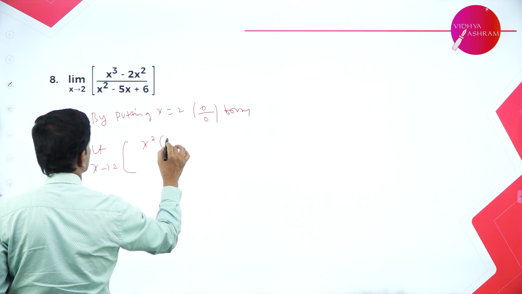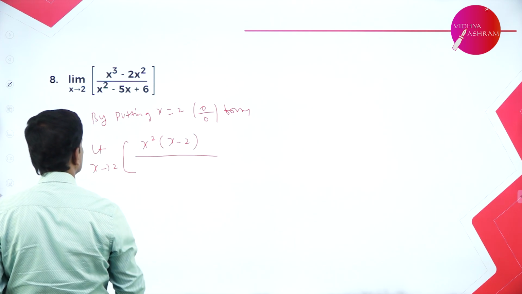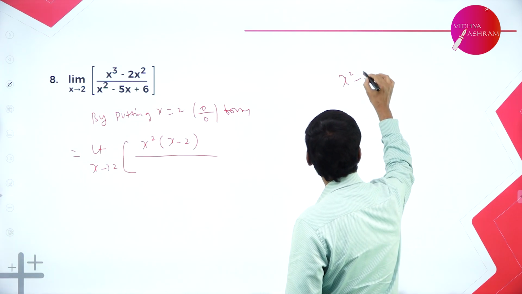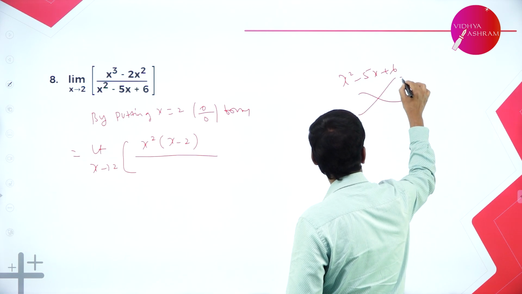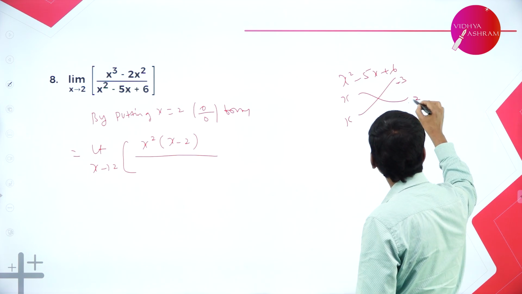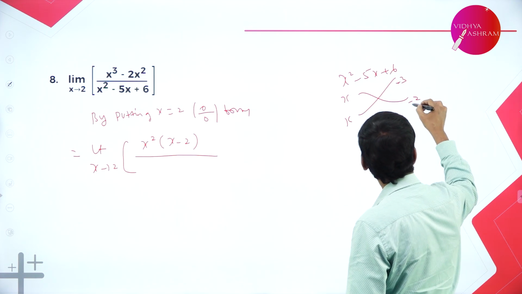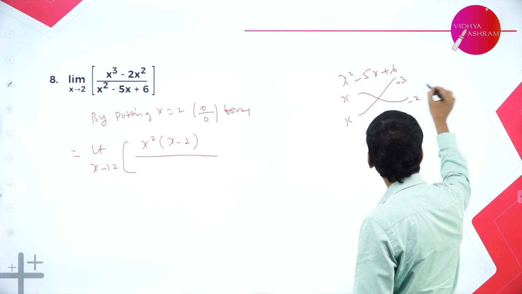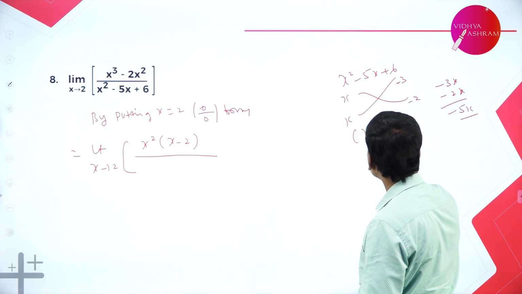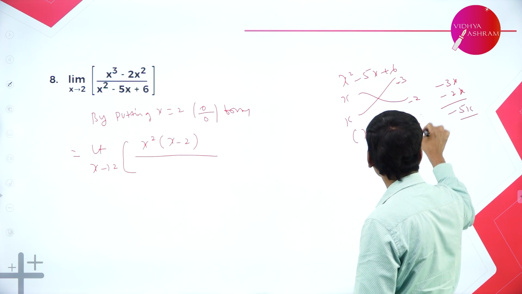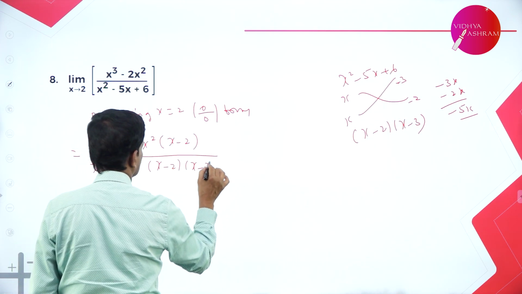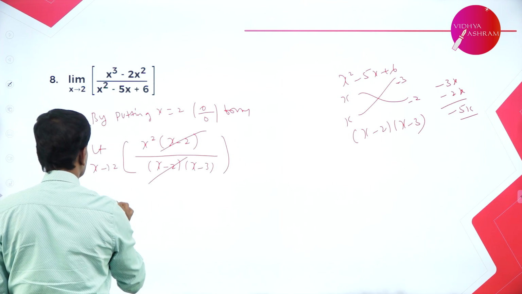What is left in the numerator is x minus 2, divided by the factorized denominator. The denominator x square minus 5x plus 6 can be written as x into x, minus and minus. Minus into minus is plus, 3 2s are 6. If you cross multiply, you will get minus 3x minus 2x. Then the middle term is minus 5x. So the factors are x minus 2 into x minus 3. Substitute here. Now, this x minus 2 gets cancelled.